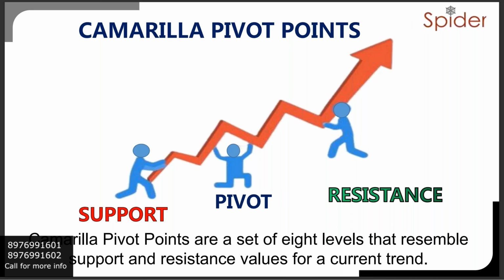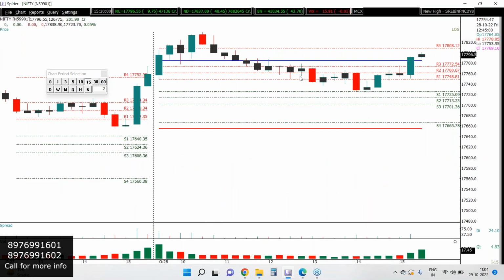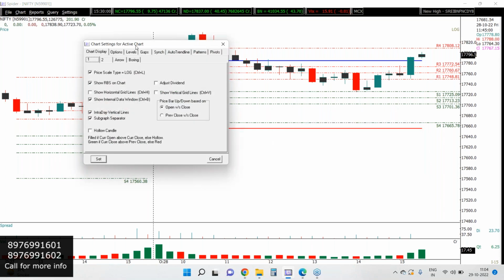So this is the chart platform. I'm using a white background chart with green and red candles. To enable the settings of the pivot, first you right click on the chart, and then go to the chart settings, the settings for the active chart.